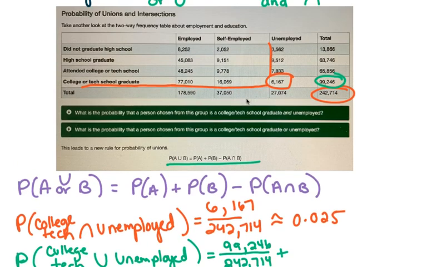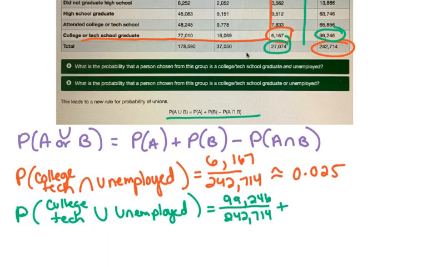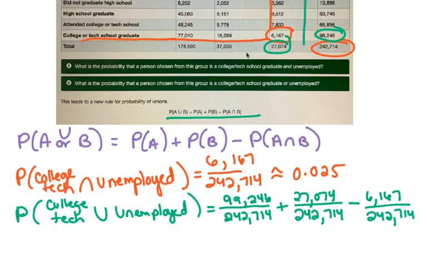So if I go to unemployed, I'm going to that total. So 27,074 over the same total. And then I'm subtracting A and B happening. So I just found that up here, but it's 6,167 over 242,714.